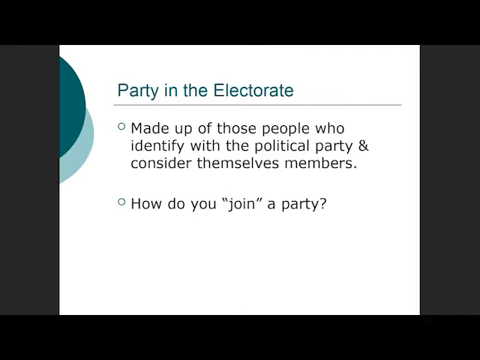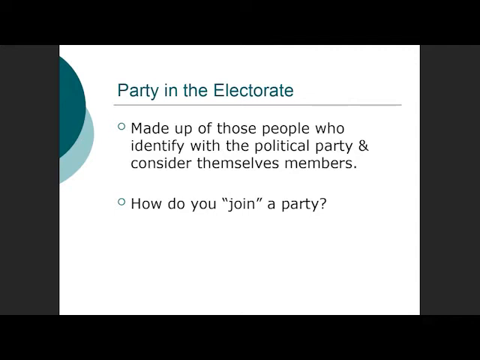So the question here is, how do you join a party? And the right answer that's true across the board is that it's something that you choose for yourself. So you join the party by identifying and assuming, saying you're a member of the party.